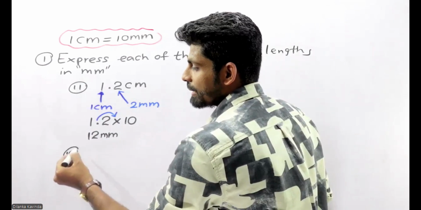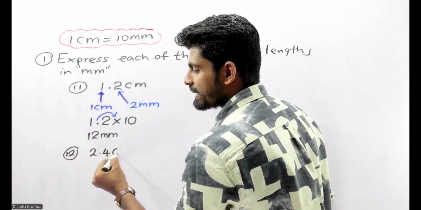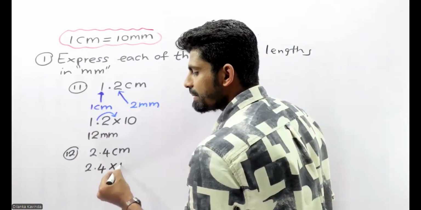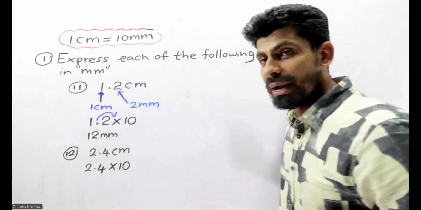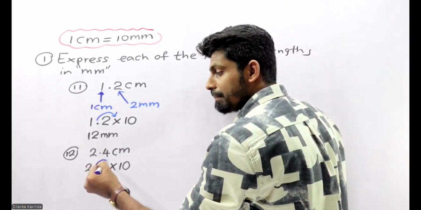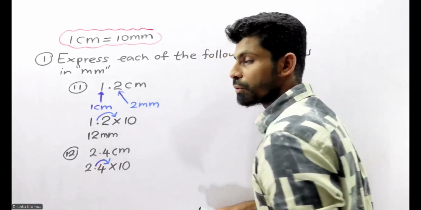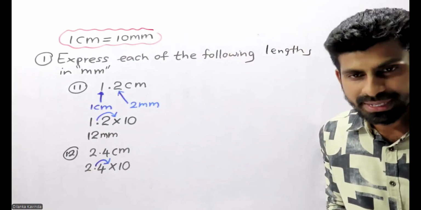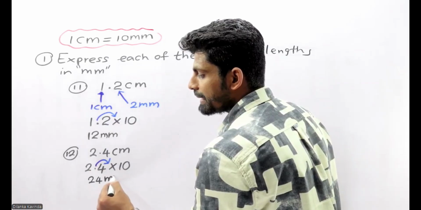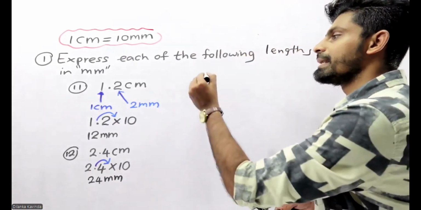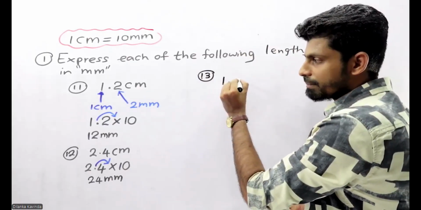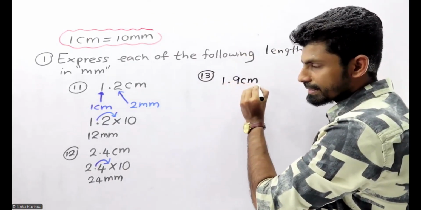Question number 12, 2.4 centimeters. 2.4 multiplied by 10. One decimal place moving to the right side means 24 millimeters. Question number 13, 1.9 centimeters.